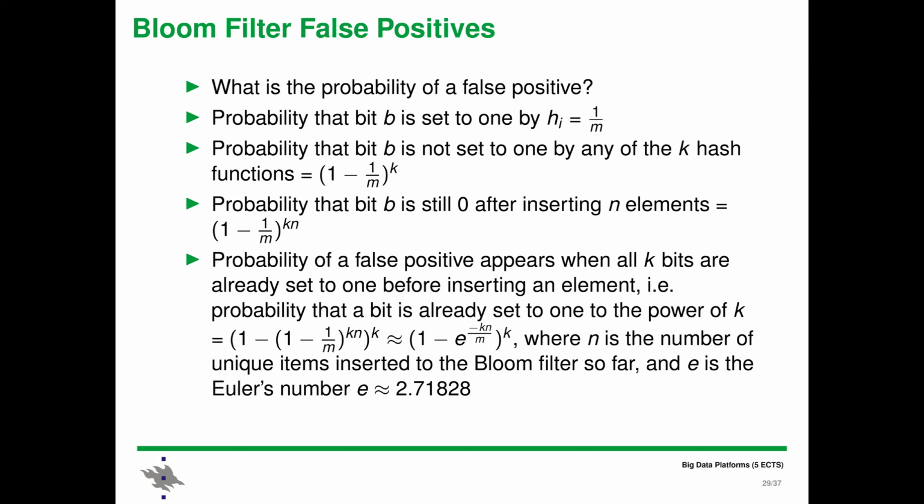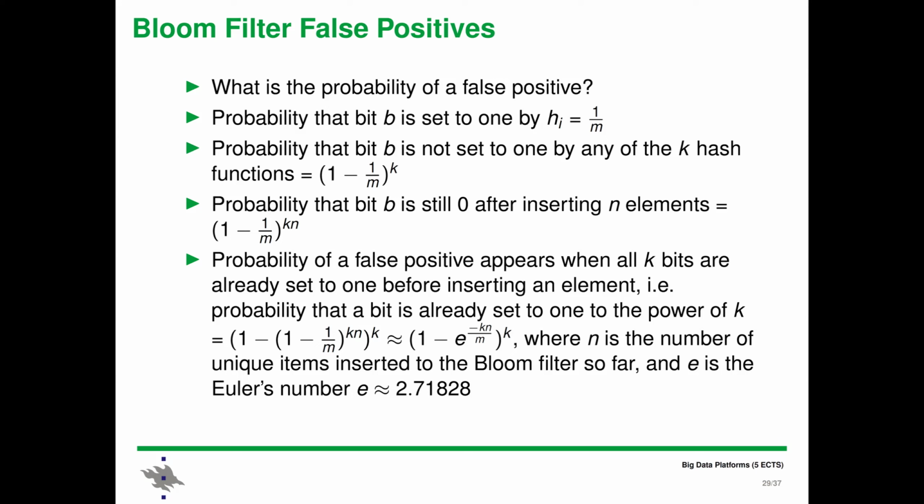The probability that any particular bit in the Bloom filter is set to 1 by one of the hash functions is 1 over m, because each hash function sets one of the bits.